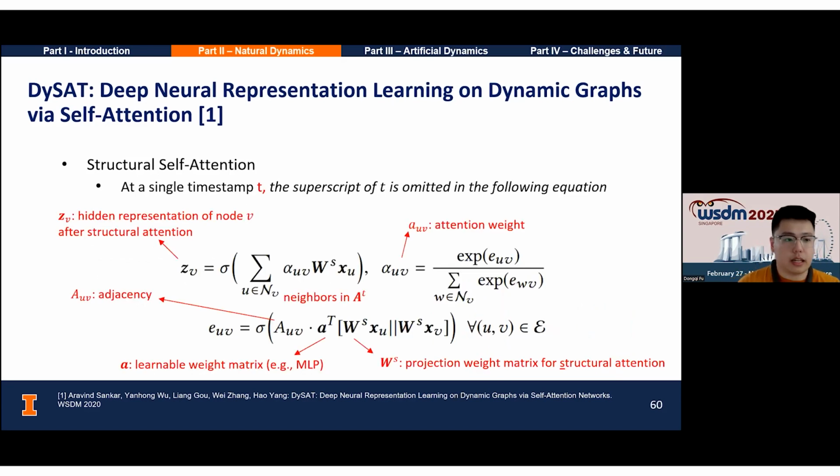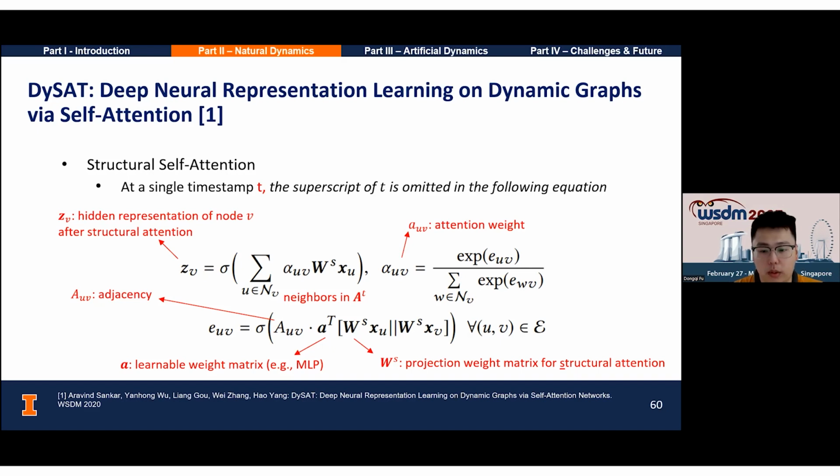So let's first check out the structural self-attention. At a time step t, in the following equations, the superscript t is omitted for clarity. The general idea here is, for a node, to attend over its topological neighbors in one single time step.